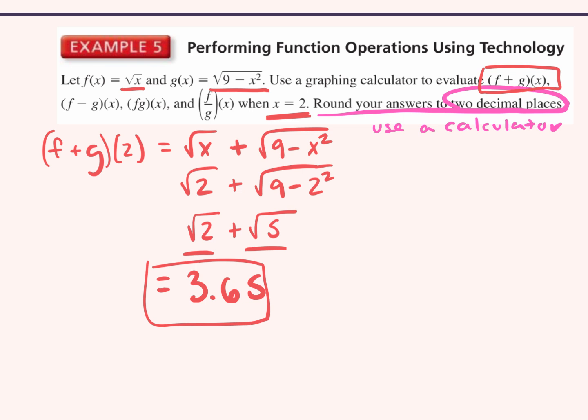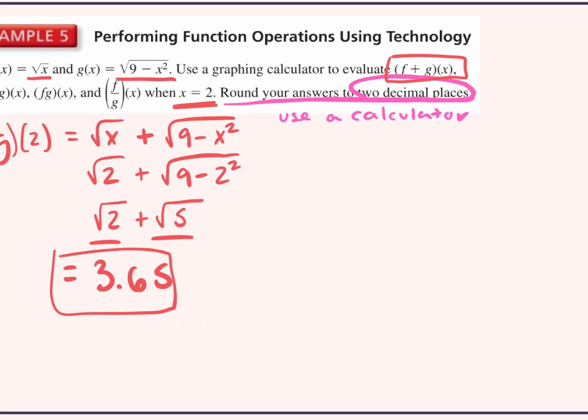So for these, you're just plugging it into the calculator. It depends on your calculator. Like some calculators, like the one that I use, if you put the square root of 2, it like leaves it open, so then it thinks that it's like the square root of 2 plus the square root of 5, like that. So you would have to close your parentheses.